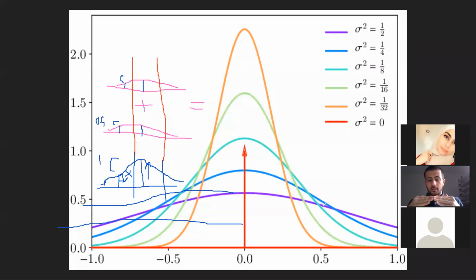I have this distribution. I added another one to the top. It will not go like this. No, it will go like this. Why? Because it's already convex. If I add convex to another one which is convex, it will be more convex.